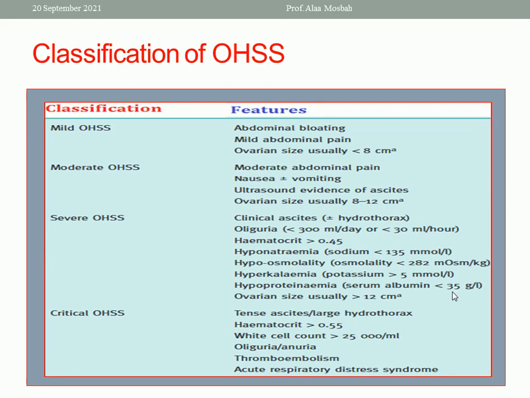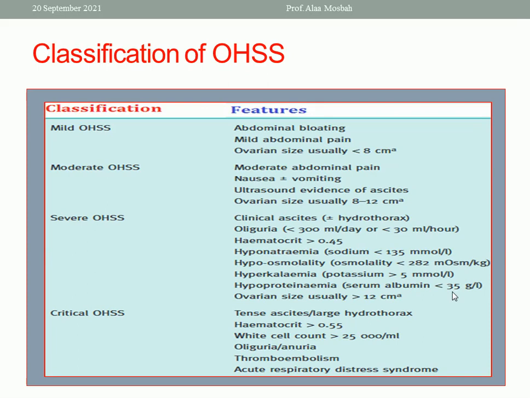In severe cases, there is clinical ascites evident and may be associated with pleural effusion also. There is oliguria, the amount of urine per day is less than 300 mL. Hematocrit more than 45. Hyponatremia, sodium less than 135.